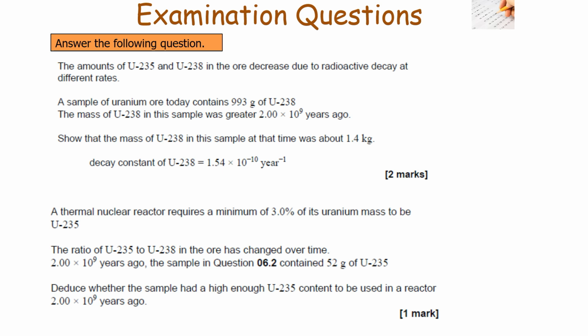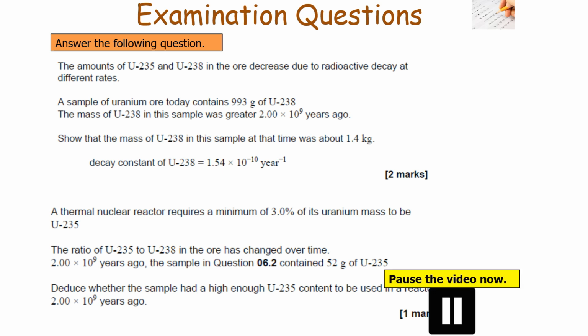The ratio of uranium-235 to uranium-238 in the ore has changed over time. 2 times 10 to the 9 years ago, the sample contained 52 grams of uranium-235, so deduce whether the sample had high enough uranium-235 to be used in a reactor 2 times 10 to the 9 years ago. So pause the video now, then unpause the video when you want to go through your answer.